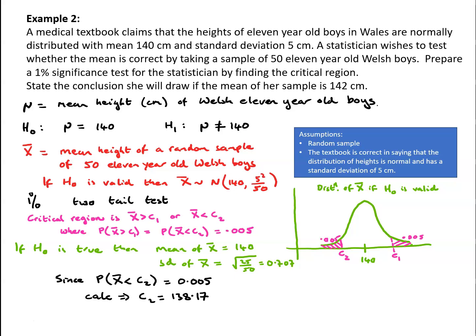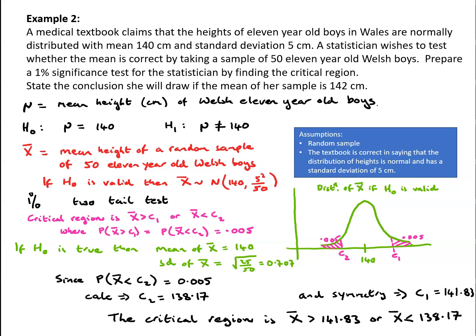Since the distribution of the sample mean is symmetrical about 140, we can say that the value of C1 is going to be 141.83. So the critical region is the sample mean is bigger than 141.83 or smaller than 138.17.